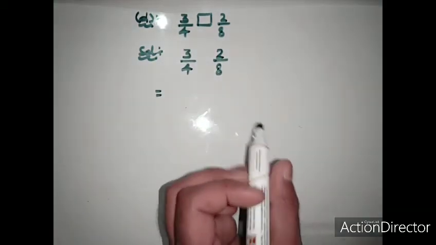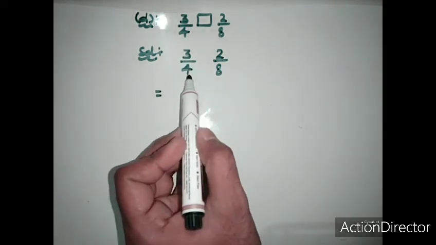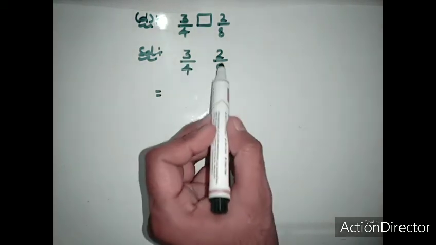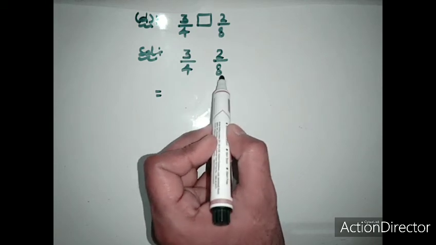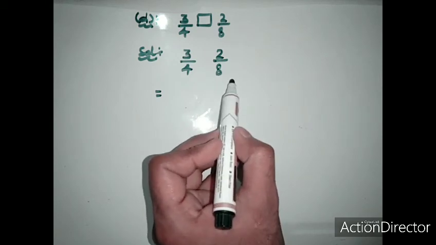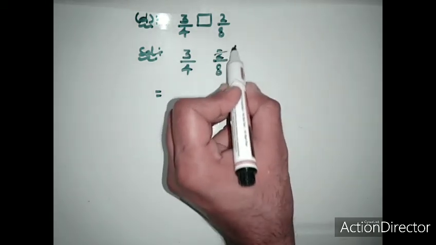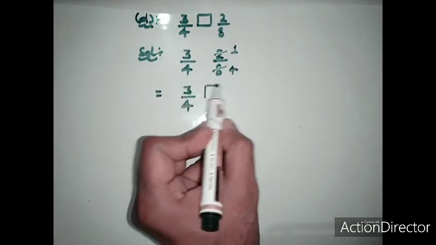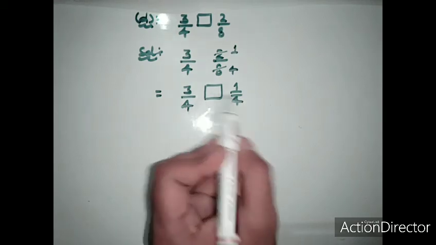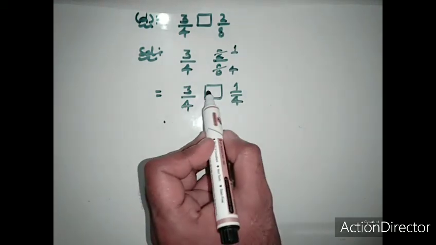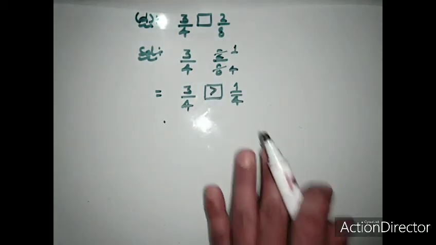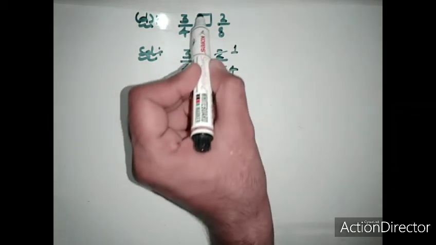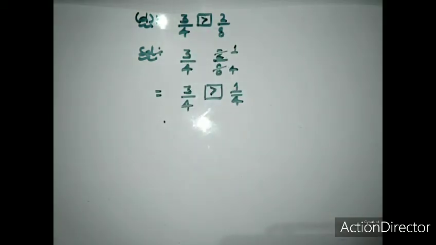Because there is 4 in the denominator, we divide the numerator and denominator of the second fraction by 2: 2 ones are 2 and 2 fours are 8. So we get 3 upon 4 and 1 upon 4. 3 upon 4 is greater as compared to 1 upon 4. So 3 upon 4 is greater as compared to 2 upon 8.